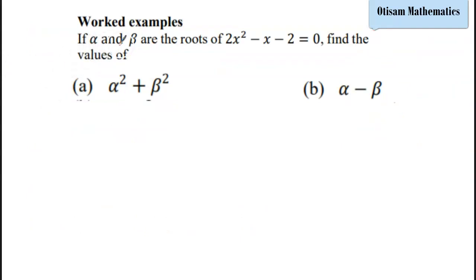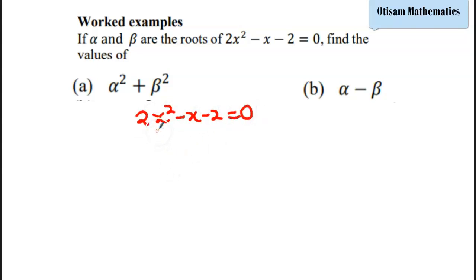If alpha and beta are the roots of the quadratic equation 2x squared minus x minus 2 is equal to 0, find the values of a, alpha squared plus beta squared, b, alpha minus beta. Okay, so this is the quadratic equation, 2x squared minus x minus 2 is equal to 0.